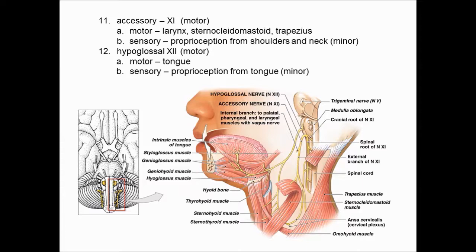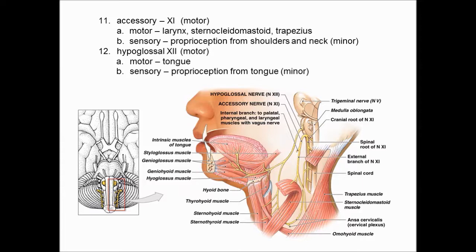So there are medullary branches that feed into this accessory nerve, number 11. But there are also nerve inputs or branches that come in from the spinal nerves and through the foramen magnum and then out the cranium.